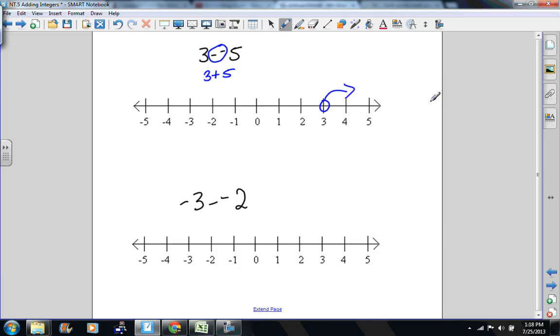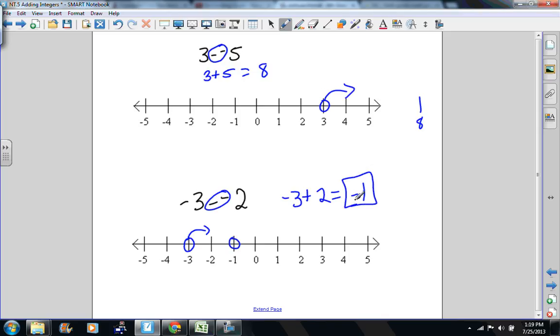That looks just like what we've been doing for the past couple weeks. Turns into 8. Now we have -3. Well, these two are going to fight. Turns into -3 plus 2. So we're here. We have to move to the right. 1, 2. We're going to end up right there. So that's negative 1. Okay?